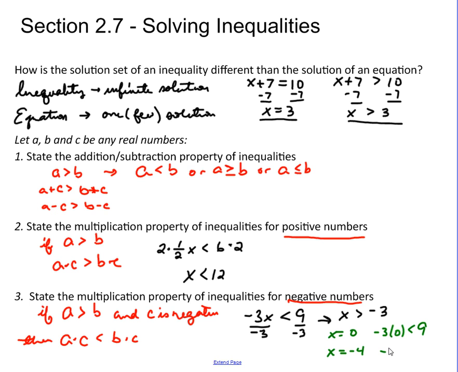Well, negative 3 times negative 4 is not less than 9, right? This is not a true statement. So we can see that the numbers actually have to be greater than negative 3 to make this inequality true. So this negative rule is a very important one, and we'll come across this a lot in our next examples.